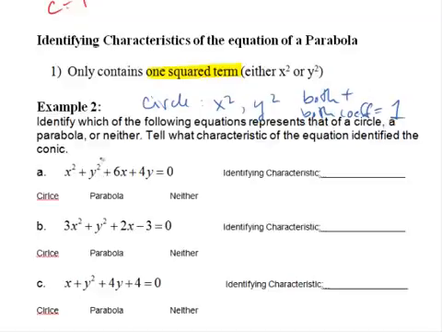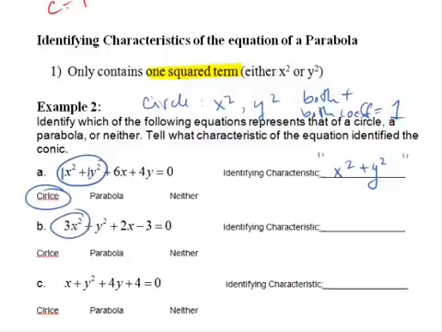As we look at our first one here, we have an x squared and a y squared. They both have coefficients of 1, and they're both positive, so it's a circle. So x squared and y squared is the part that we're looking at. On the second one, there's a 3, so it cannot be a circle, and there's a y squared, so it cannot be a parabola.